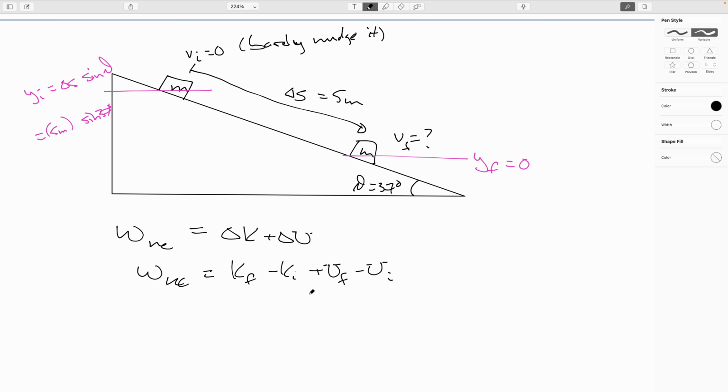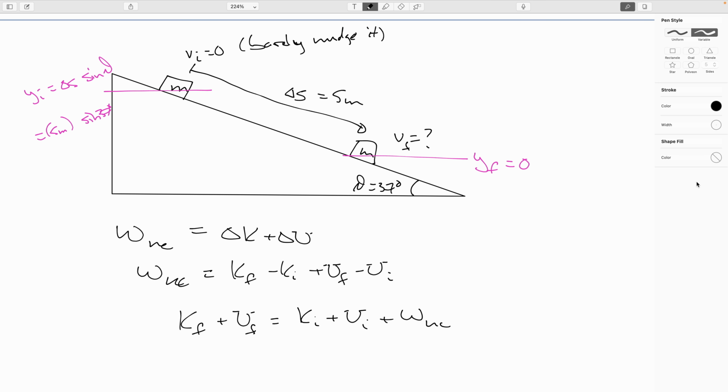So I'm going to rearrange that to be K final plus U final equals K initial plus U initial plus the work done by non-conservative forces.